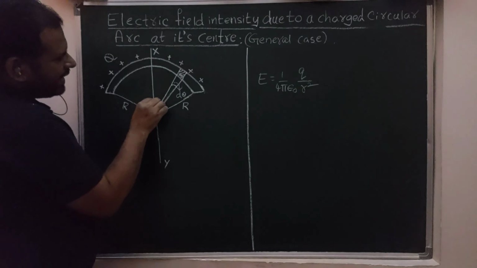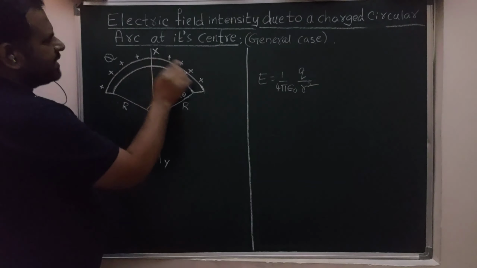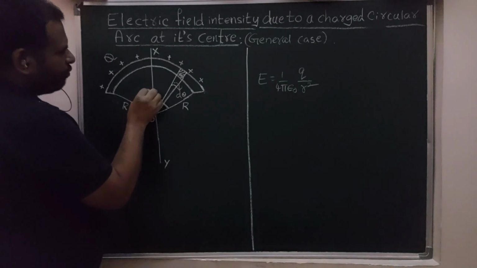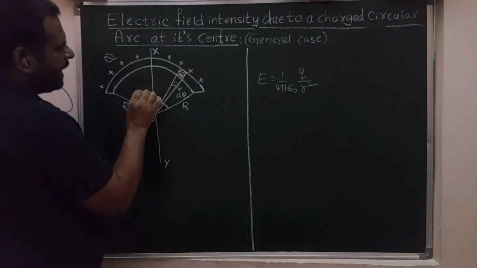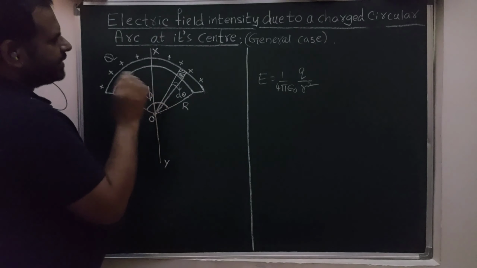And the total angle made by this arc at the center I am taking as phi. Phi is the angle made by the arc at the center.